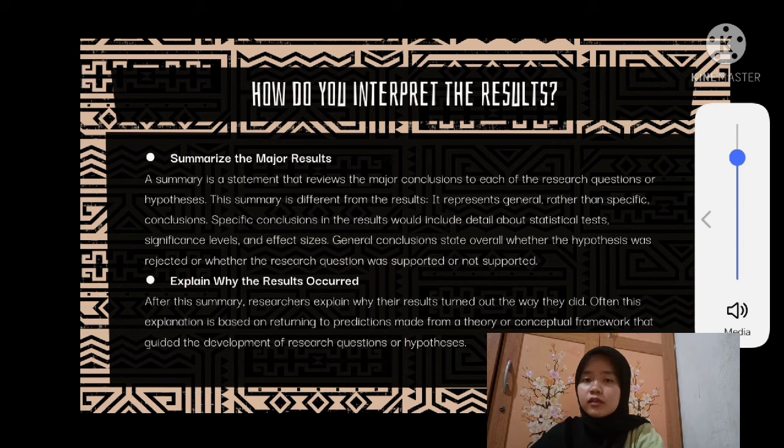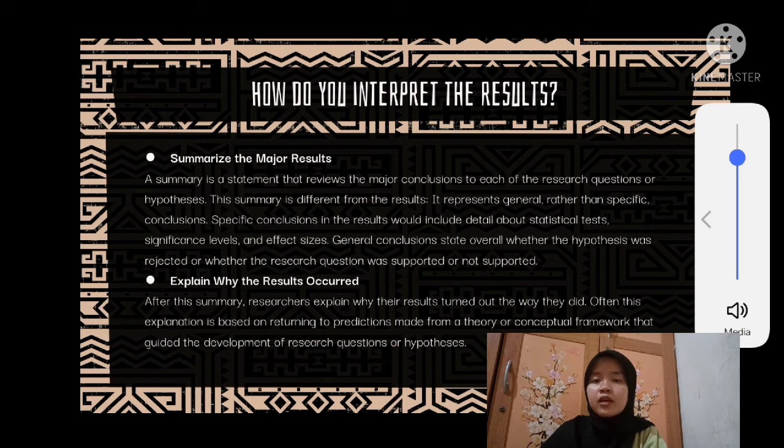Okay, next, interpret the result. Summary of the major result. A summary is a statement that reviews the major conclusion to each of the research questions or hypotheses. This summary is different from the result. It represents general rather than specific conclusions.